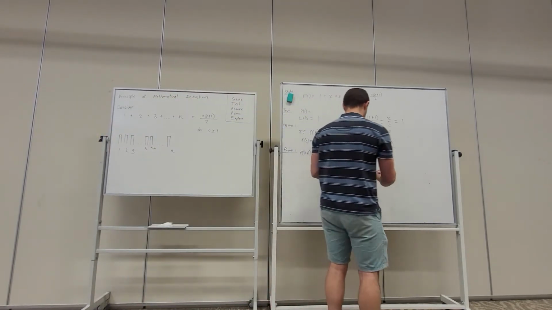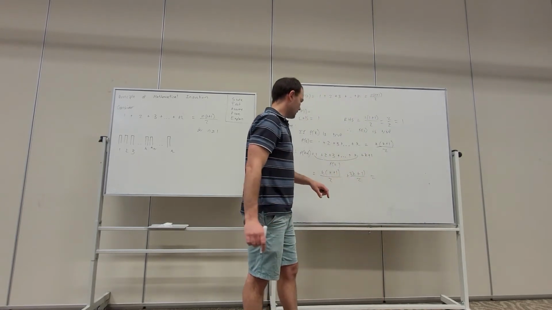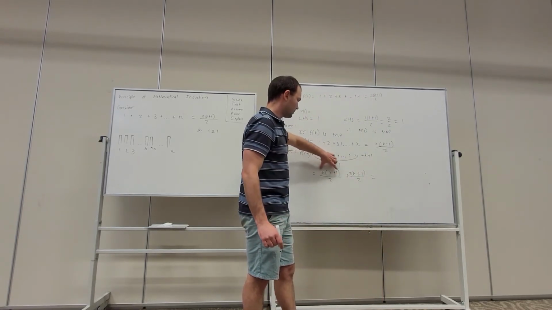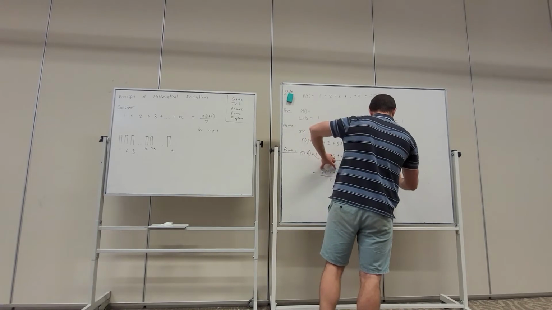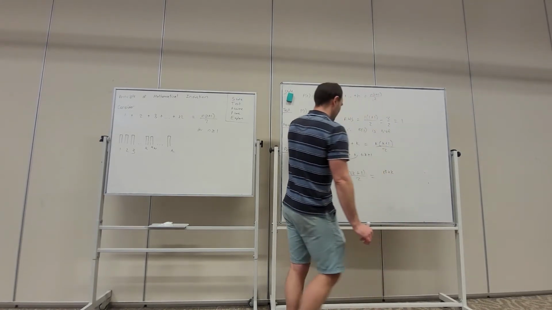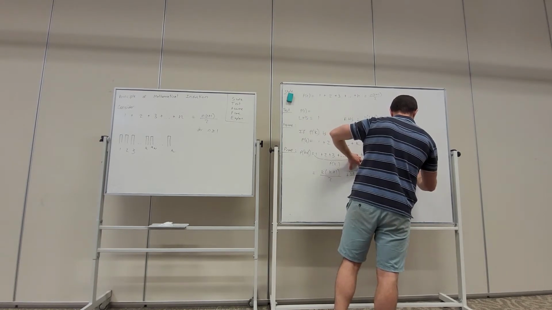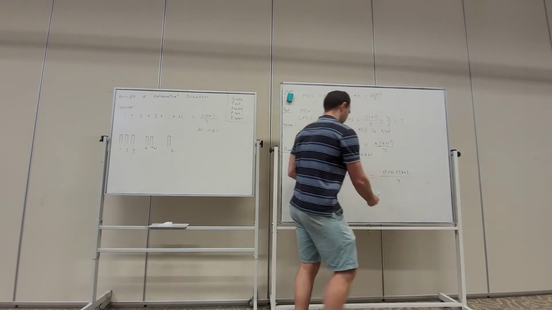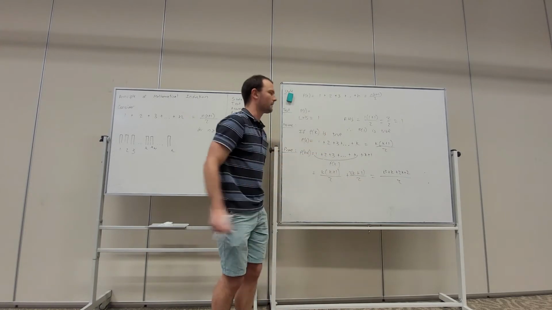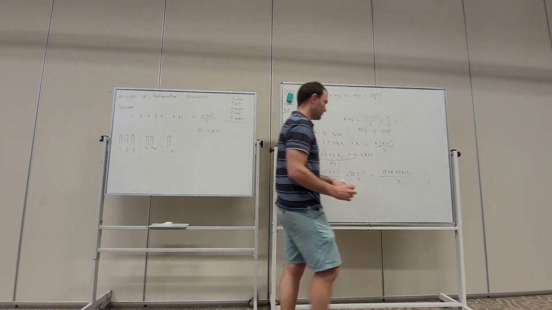So that's going to be K squared plus K, and then over here we're going to have 2K plus 2, all on top of 2, okay? I've combined those two together. Let's simplify a little bit more.